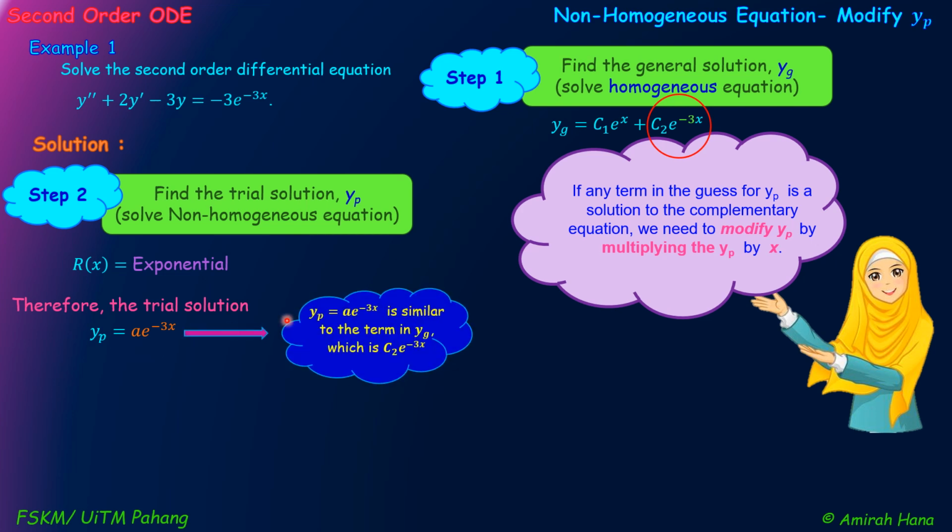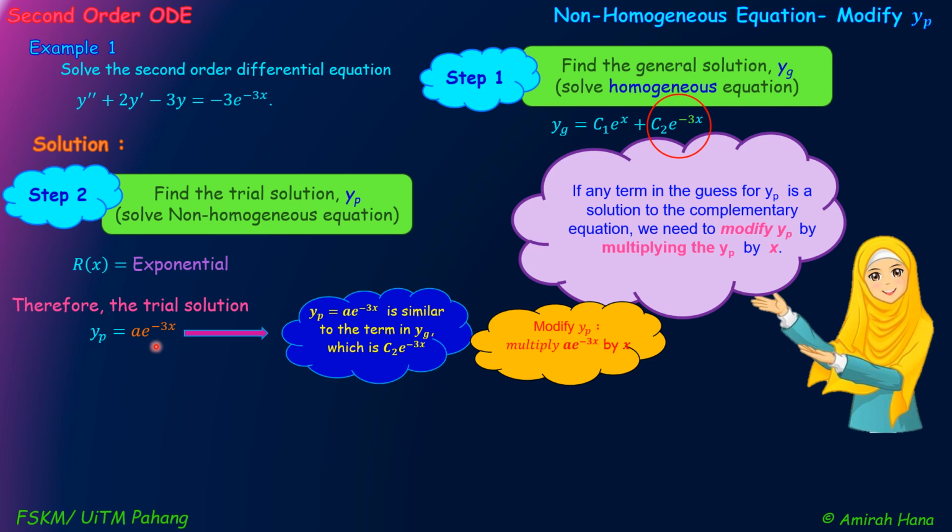Alright, yp equals ae to the power of negative 3x is similar to the term in yg, which is c2e to the power of negative 3x, right? So, in this case, we need to modify yp, right? How to modify yp? We multiply ae to the power of negative 3x by x, right?